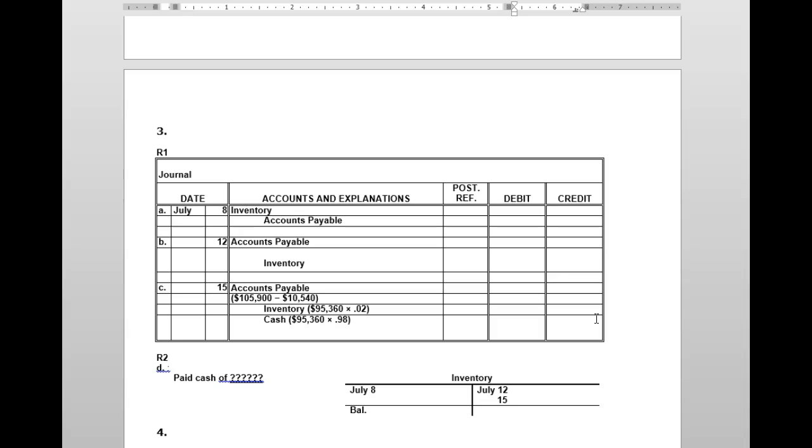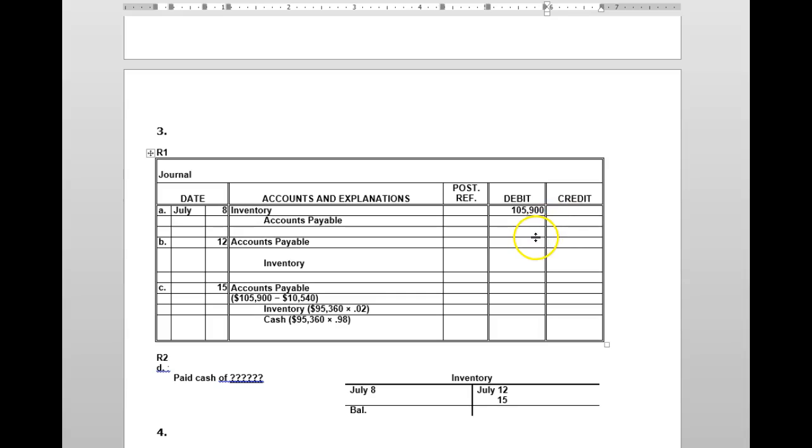Well, they bought $105,900 worth of inventory. So that would go here, correct? 105,900. Obviously, then your accounts payable is going to be the corresponding credit.